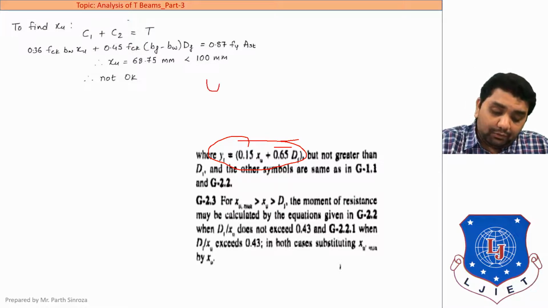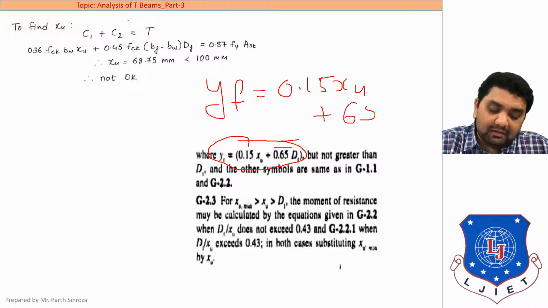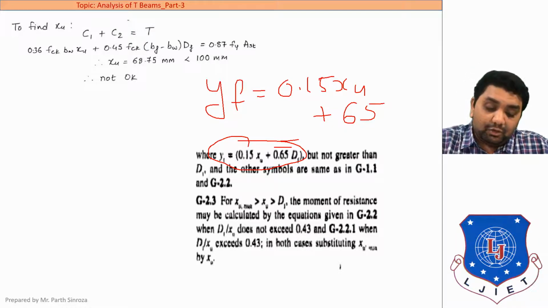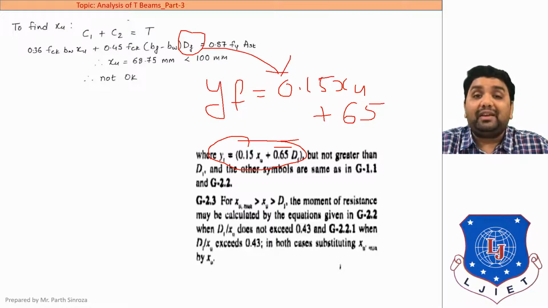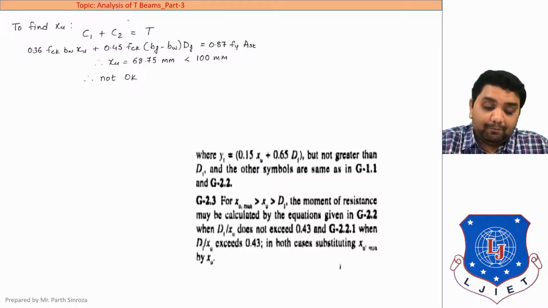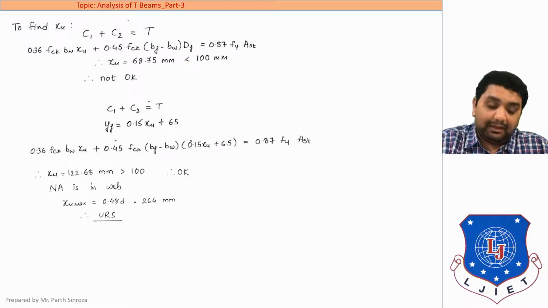So the final equation of YF will be 0.15 XU plus 65, as 0.65 into 100 comes out to be 65. So in the place of DF we will use 0.15 XU plus 65. Solving this equation we will be getting our answer.